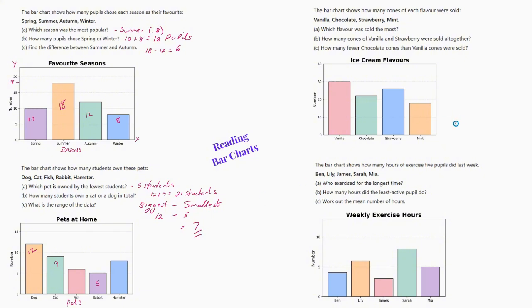Next one, it's an ice cream one. Which flavour was sold the most? Looking at it, so label it. Ice cream. So what was sold the most? Well, it was vanilla, and that was nice and easy to read, which was 30. So the answer is vanilla.